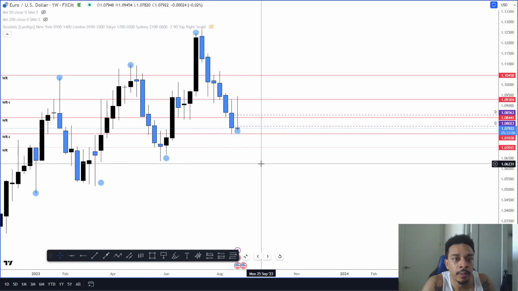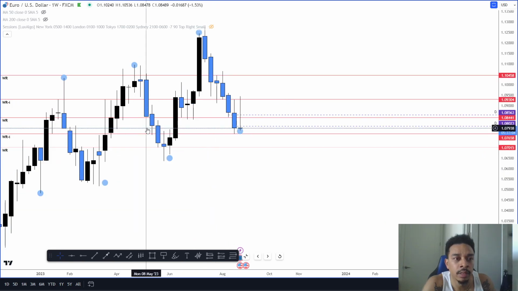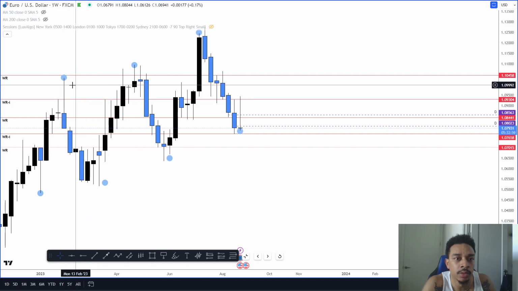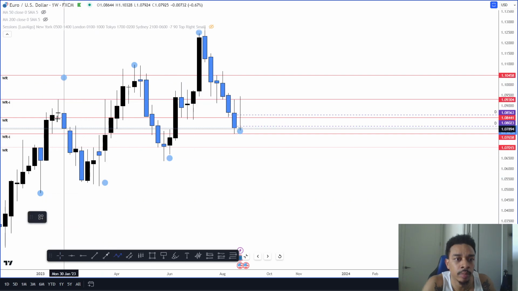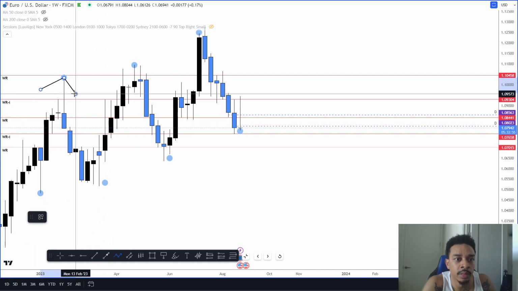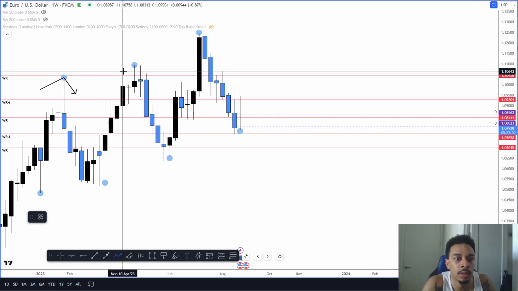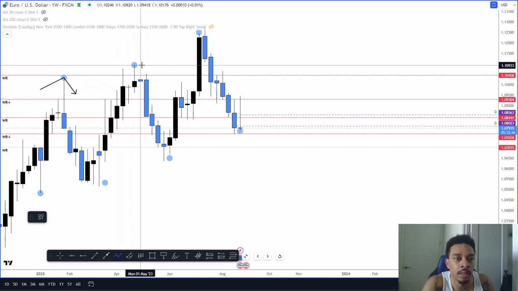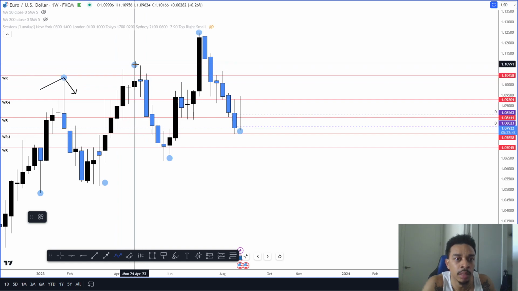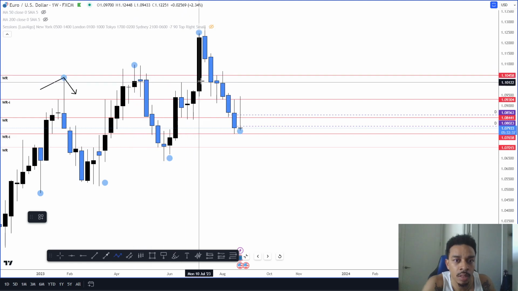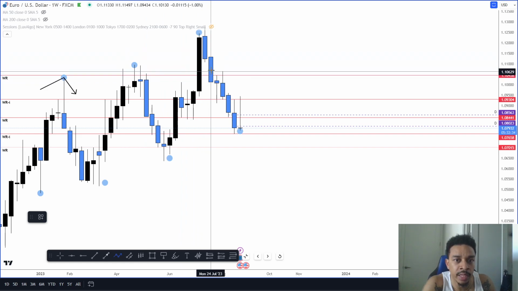Now, taking a look at these resistance and support lines, you can see that every time price comes into this area, it has had trouble going above and closing above. You can see by the bodies of these candles that it has always closed below this point, with the exception of these three candles here.